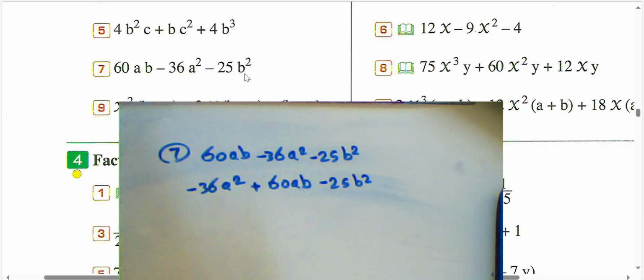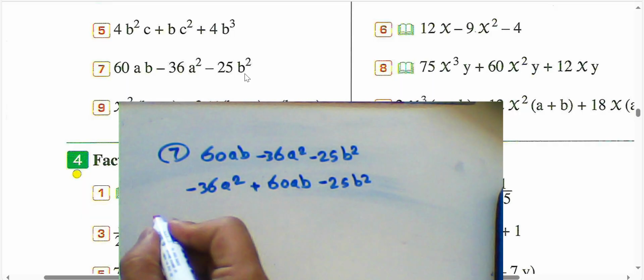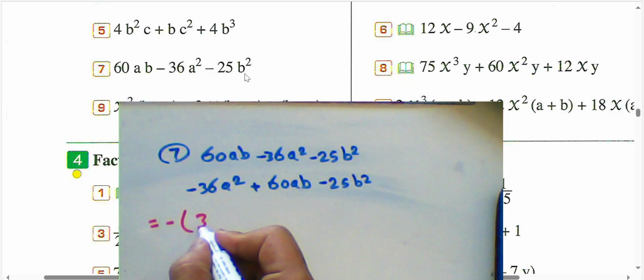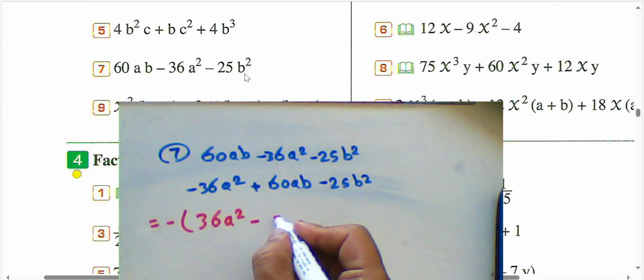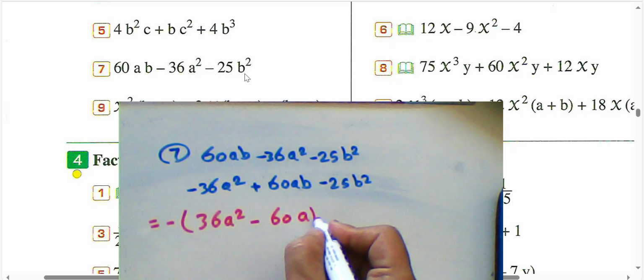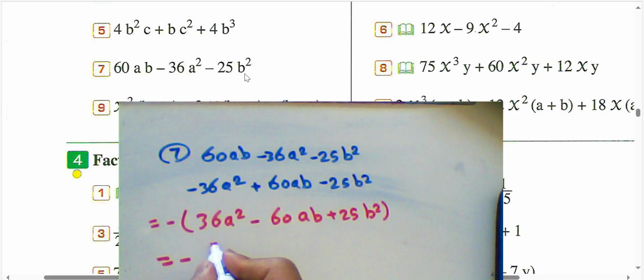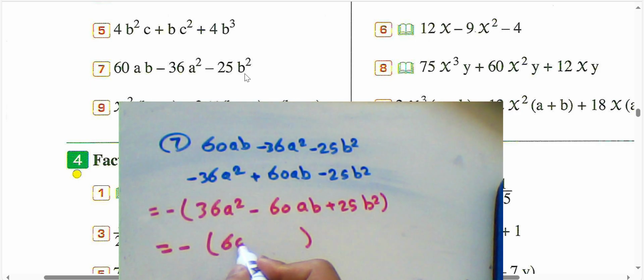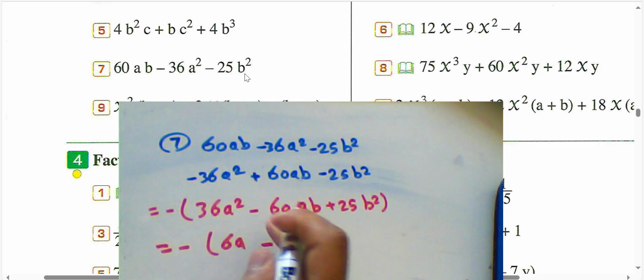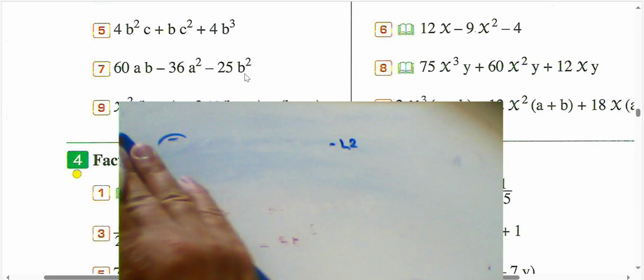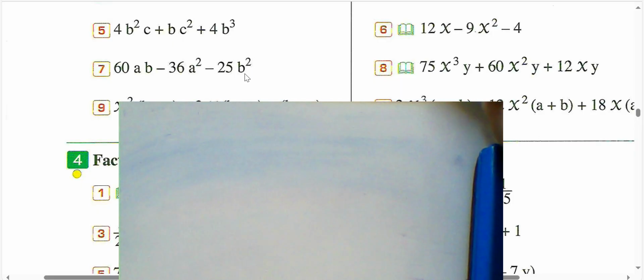In this expression we must take out the common factor between the 3 terms, which is negative. So write negative outside: 36a² − 60ap + 25p². The square root of the first is 6a and the third is 5p, all to the power 2, and write the sign in the middle, negative. Next question.